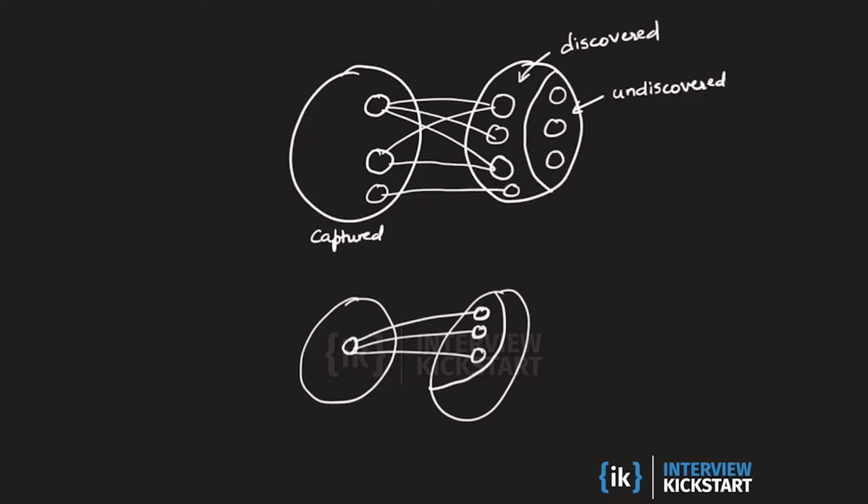So they are sort of discovered as soon as we look across the adjacency list of the source. But there could be other vertices whose existence is not yet known to us.